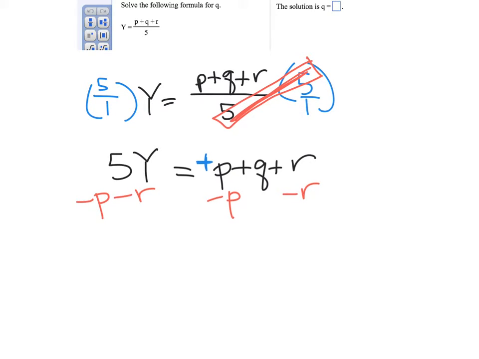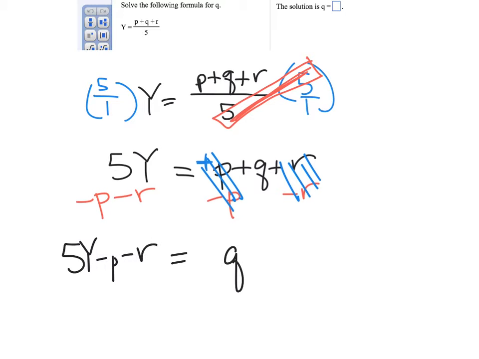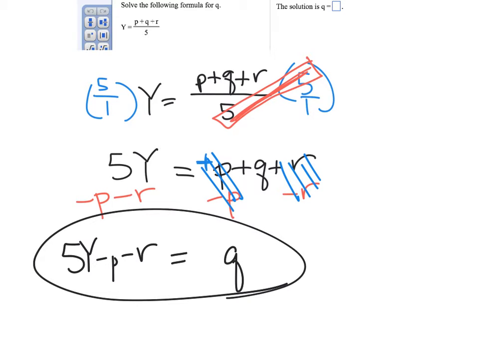I'm kind of skipping a step here and cramming two steps into one. So that becomes 0. This becomes 0. So we're left with just Q. On the left side, you end up with 5Y minus P minus R, and that is your answer.